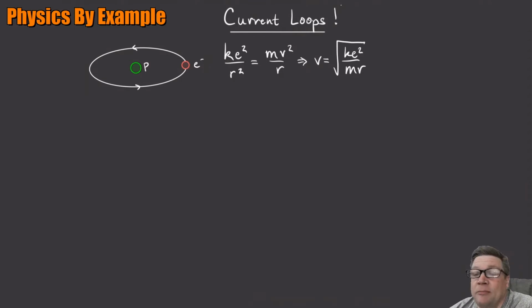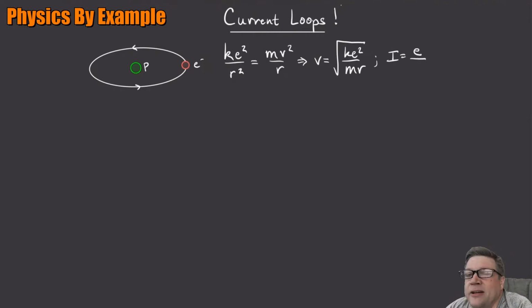And then what we said before was, if you want to imagine that this is a current loop, I can compute a current. The current is the amount of charge that goes by in a certain amount of time. So just imagine one orbit: one electron's charge e is going around in one period of the orbit.